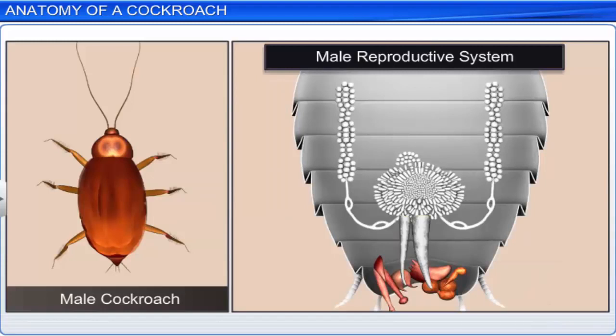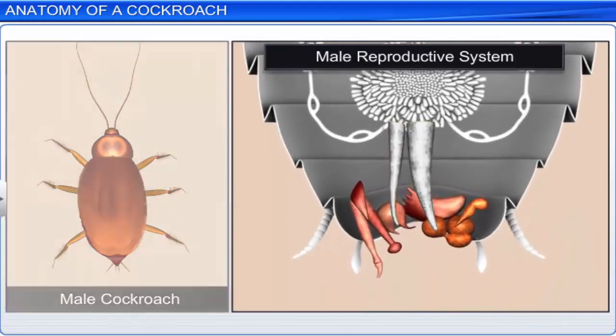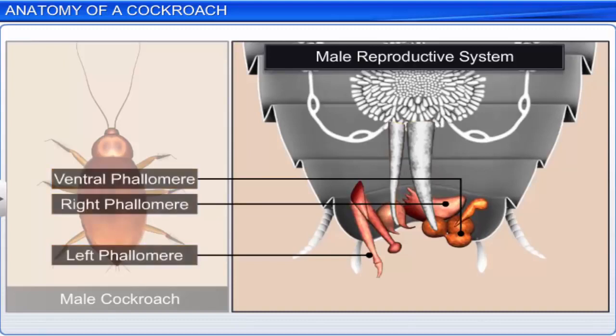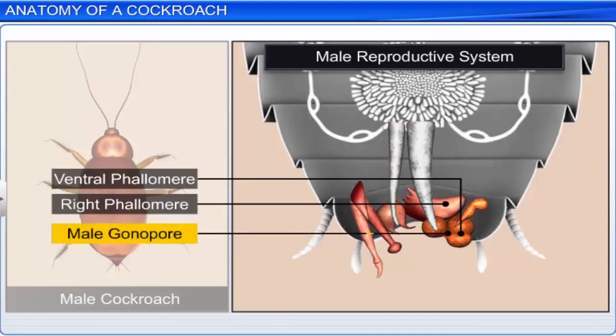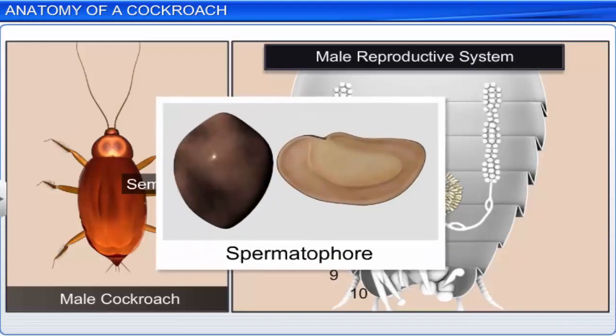In cockroaches, the male gonapophysis or phallomere represents the external genitalia. These phallomeres are asymmetrical structures made up of chitin and surround the male gonopore. Sperm is stored in seminal vesicles and form spermatophores, which are discharged during copulation.